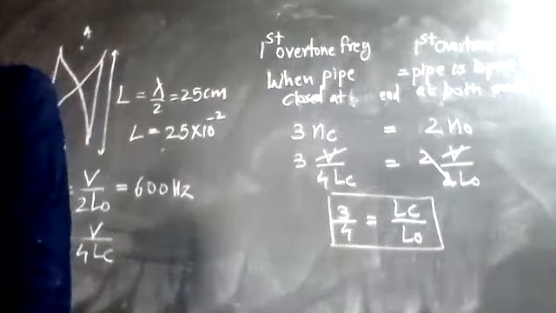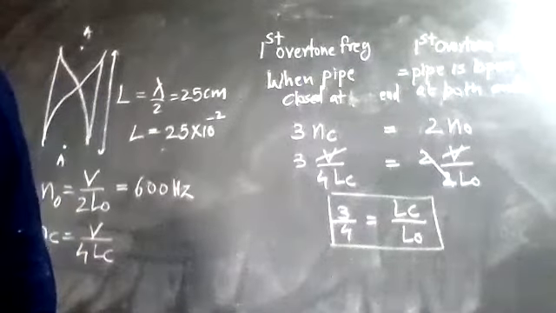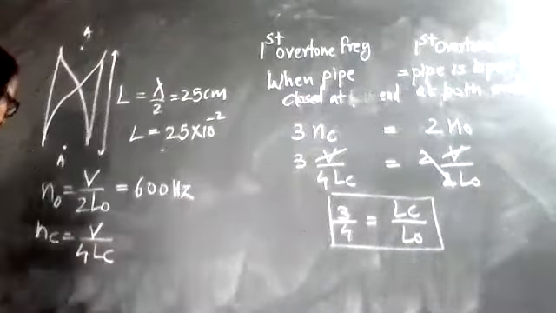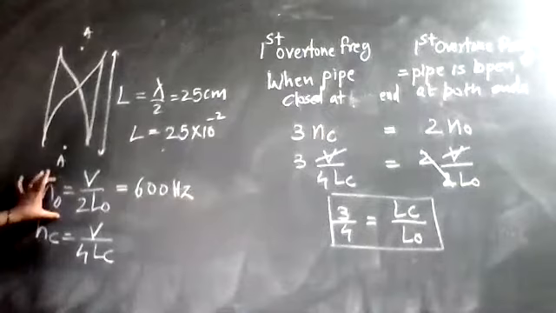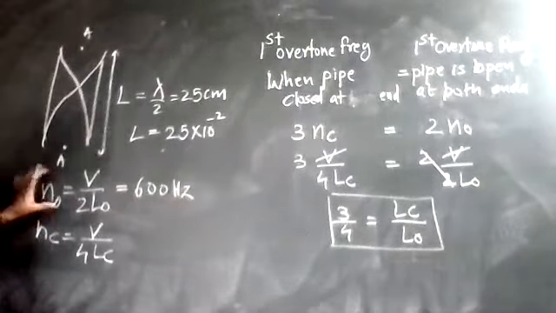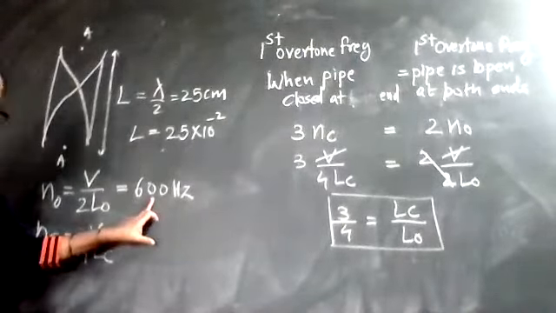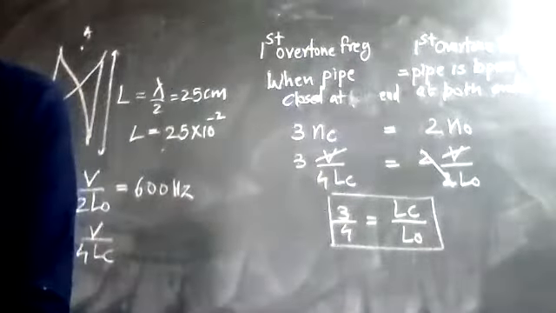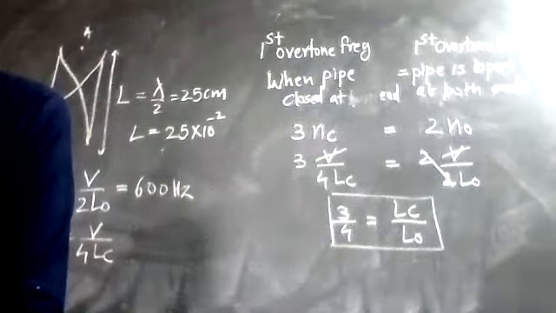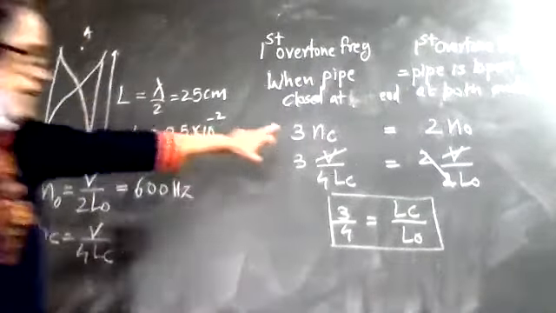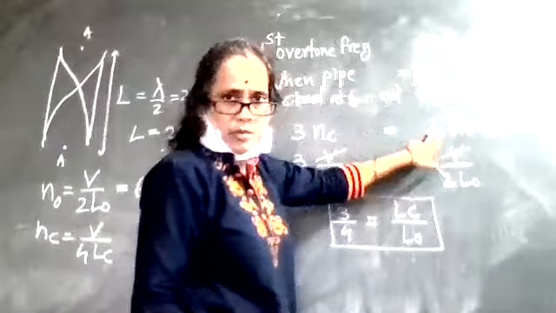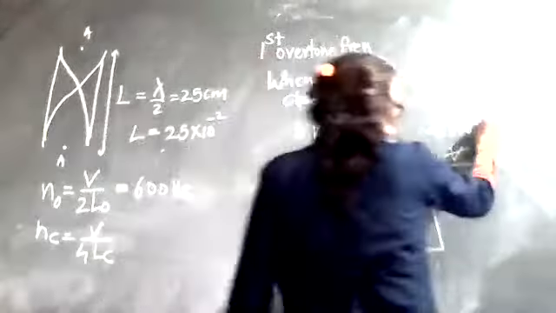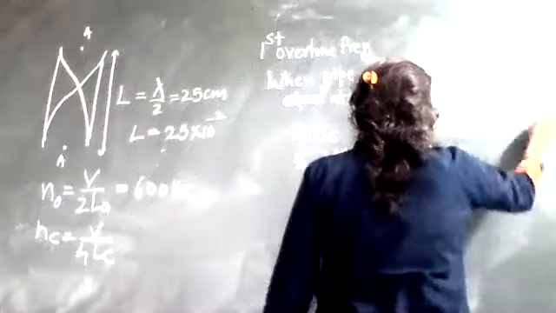Fine? Okay. Now what you have given, when the pipe is open at both the ends, the fundamental frequency N0 is given as 600. If it is given 600, I will use the relation 3 NC is equal to 2 N0. N0 is given as 600, so 2 into 600.